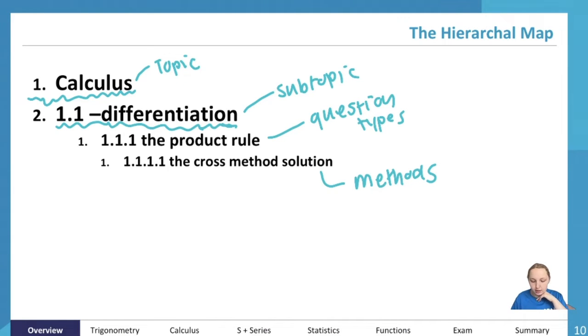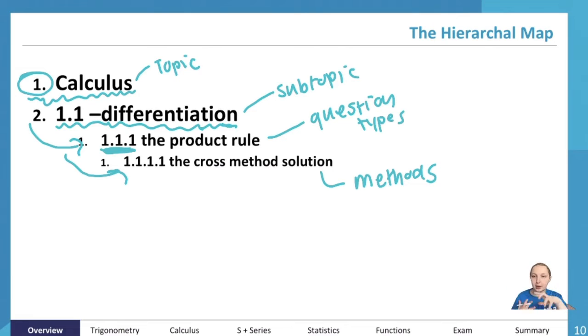So you want to be thinking about this as your topic. The further you get down, the more you can start to pick out what the questions are going to look like. So you can see here at 1.1.1, the product rule, you might have a question that focuses on the product rule, and then the cross method solution is one way that you can think about answering that question.